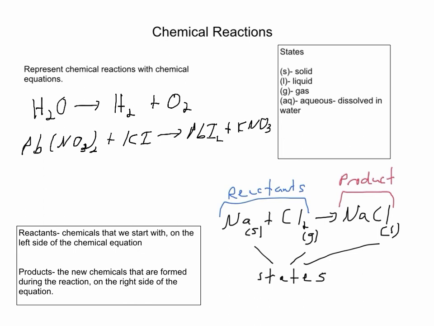And for states on this, this is actually aqueous. This is actually aqueous, so these are all dissolved in water. This is a solid, and this one is also aqueous. So we can have all sorts of combinations when we do our chemical reactions, and we have to say whether our reactants and products are solid, liquid, gas, or aqueous.